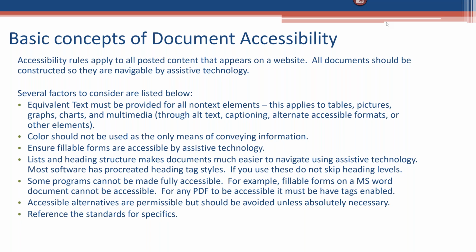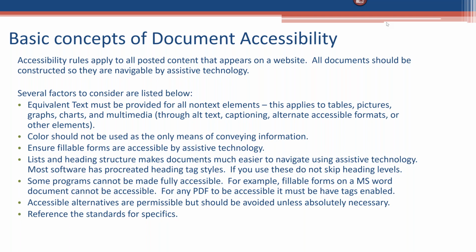So one of the factors to consider is that equivalent text must be provided for all non-textual elements. The most common example of a violation under 504 that would be found related to these equivalent text elements would be alt tags on pictures. And that is just the text that is tied to a picture to describe it to a user who can't engage with the picture directly.